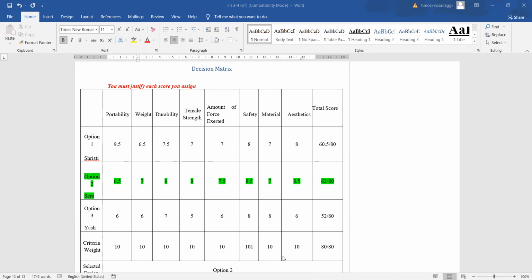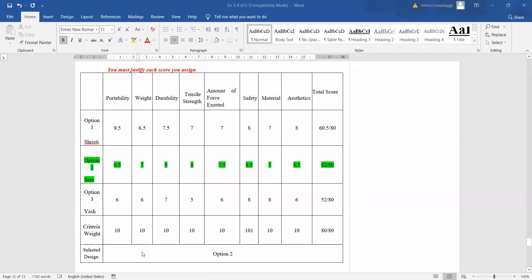Is that right? Okay, from looking at your table, I'm assuming that they're all equally important.